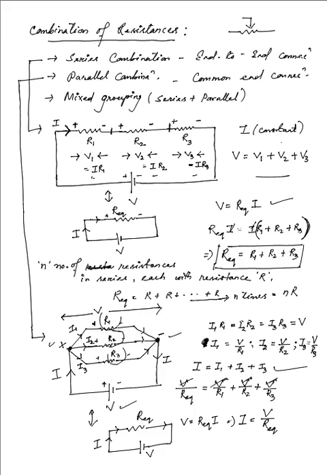That is, we have 1 by R equivalent equal to 1 by R1 plus 1 by R2 plus 1 by R3. That is, the reciprocal of the equivalent resistance will be equal to the sum of the reciprocals of the individual resistances in case of parallel combination.